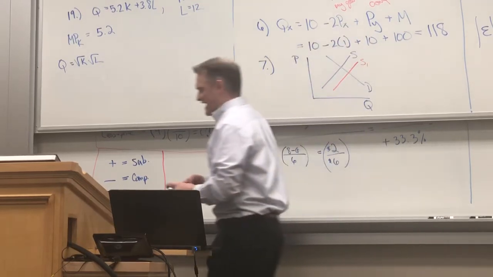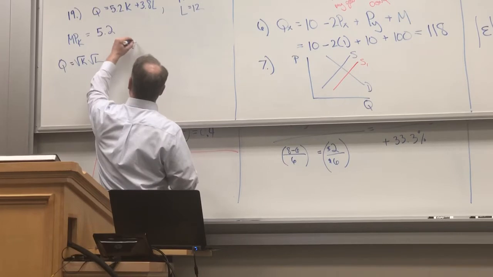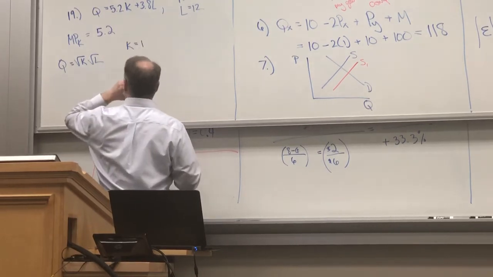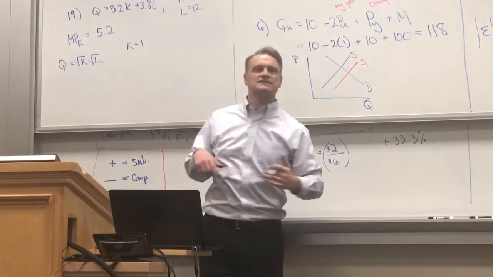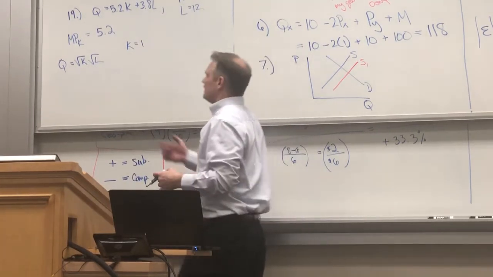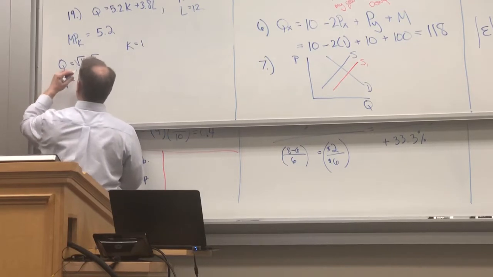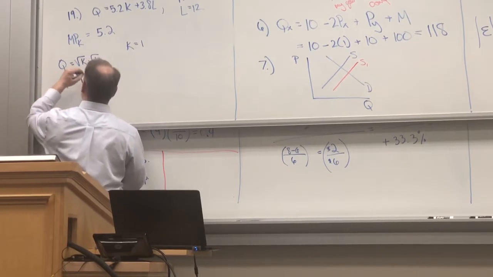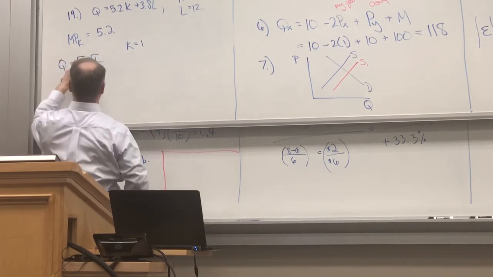I'm going to just fix capital right now at 1. Okay, and then I'll have you evaluate L at probably 9 and 16. But if this is my function, I could rewrite that as 1 times square root of L, or 1 times L to the positive 1/2.